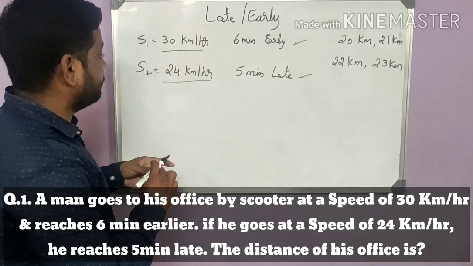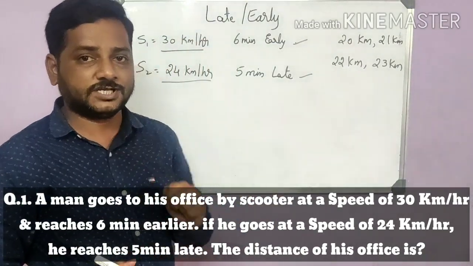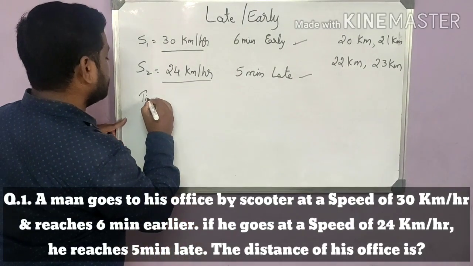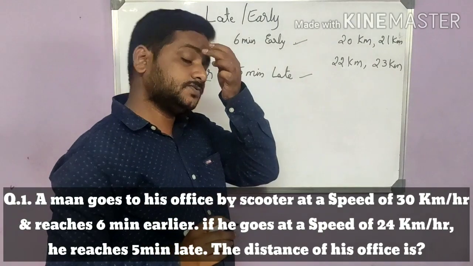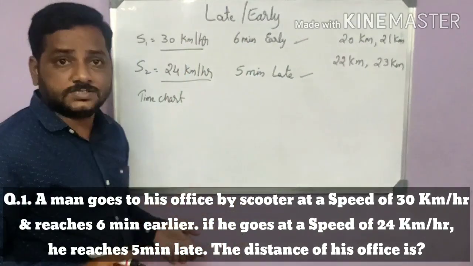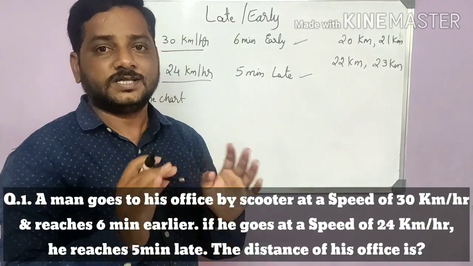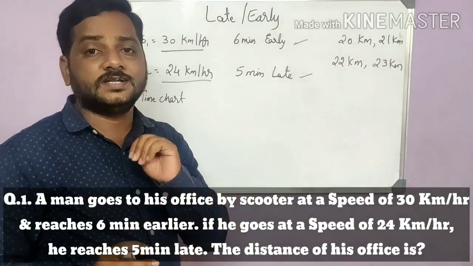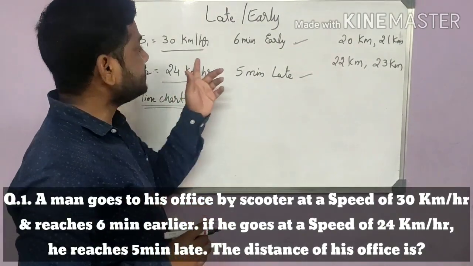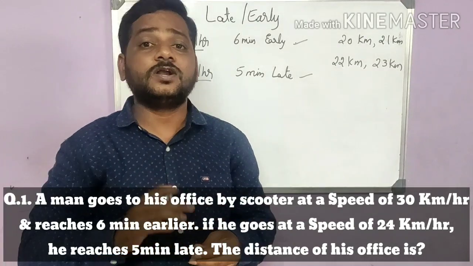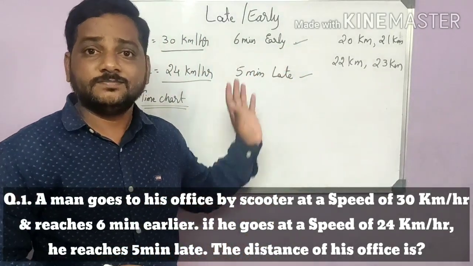The first thing to understand here is the time chart, which is nothing but the actual time taken to reach, or the difference. Let us write the information in a chart in a simple manner so that we can understand the concept. Nowhere is it mentioned at what time he is going to reach; they only say he reaches early or late by some minutes.